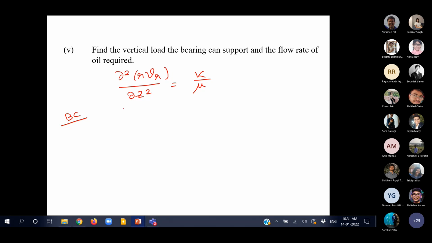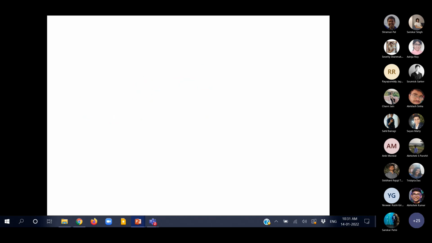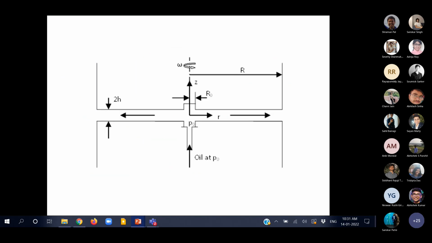I'm sorry, zero at the bottom plate and the velocity of the moving plate at the top plate. Okay, I'll come back to this. What are the conditions? You tell me. Let's call it plus H and minus H.